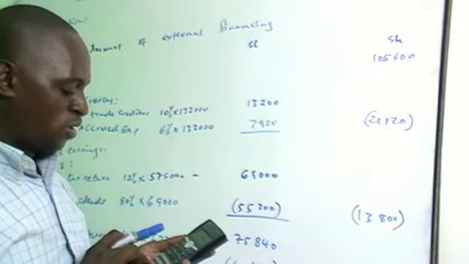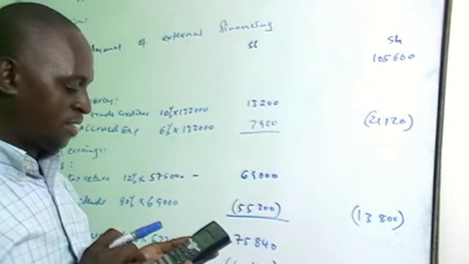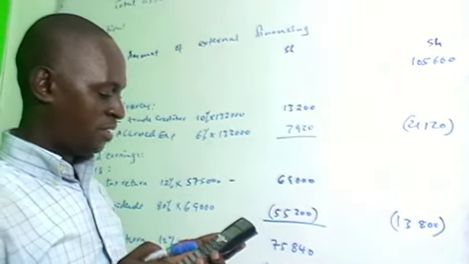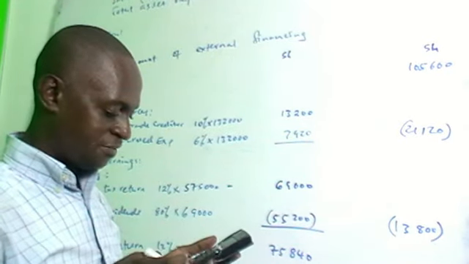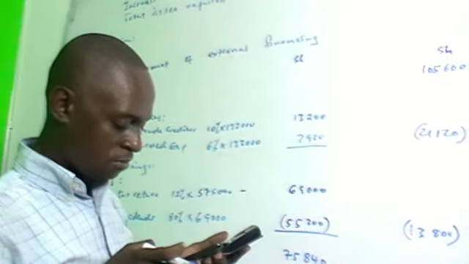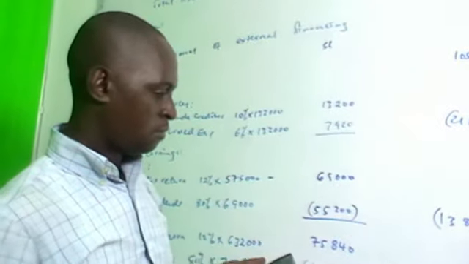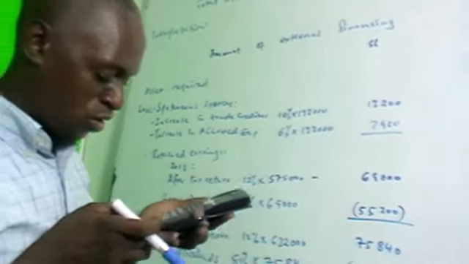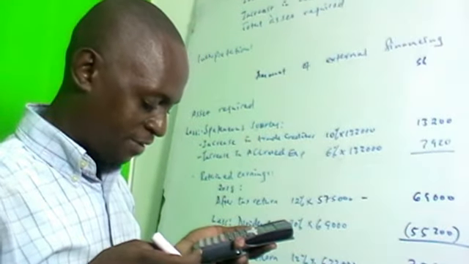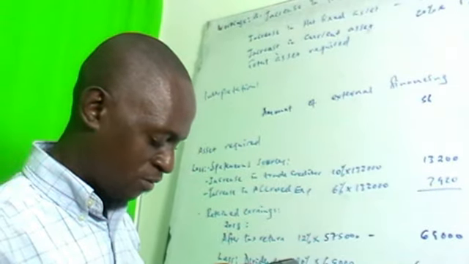Now we subtract from 105,600. So that gives us 55,512.